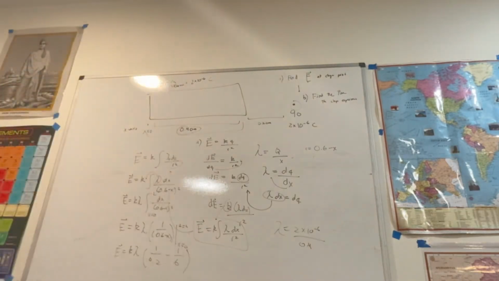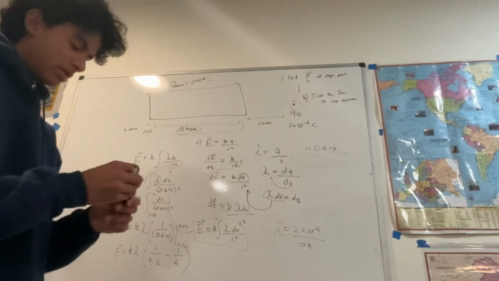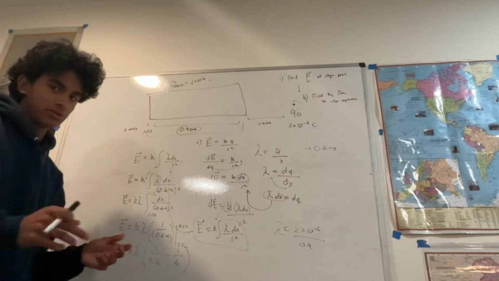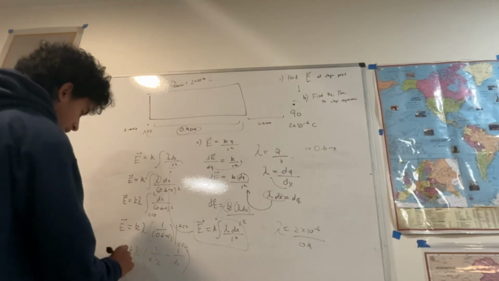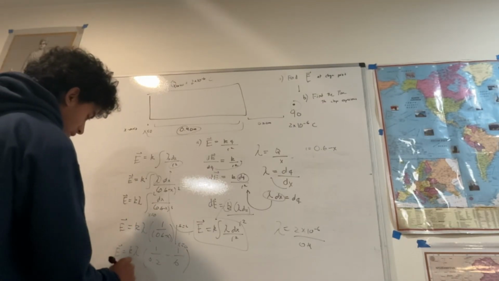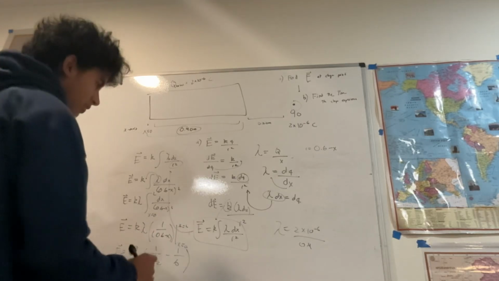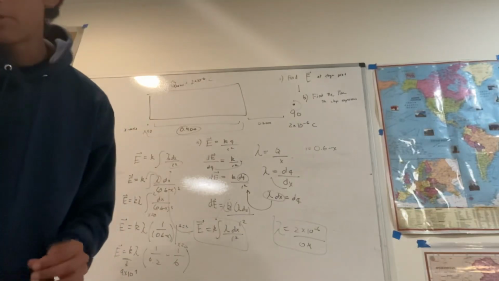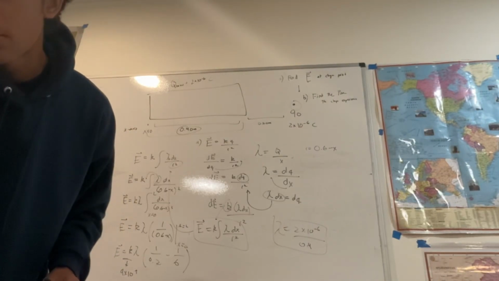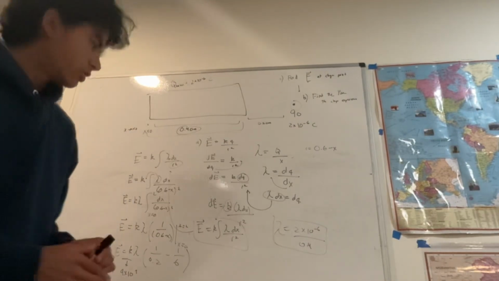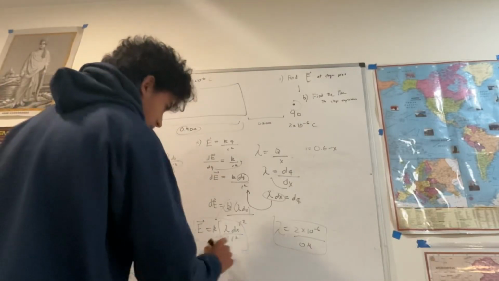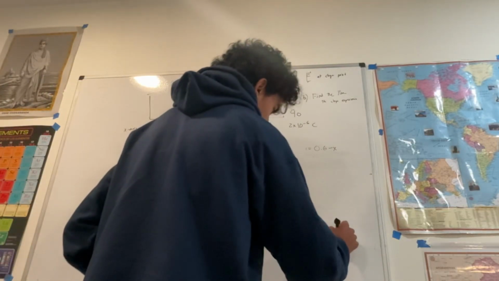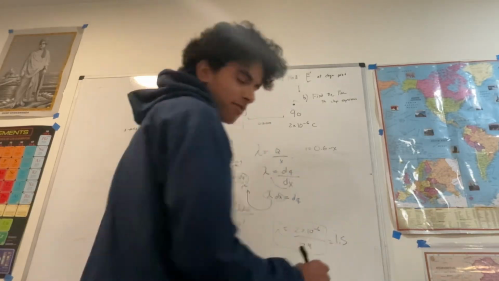Okay, so now that we have our entire thing in terms of constants, we can make our substitutions. So we already know what k is. That's 9 times 10 to the 9th. Lambda is just this over there. Once you make these substitutions, let me double check.